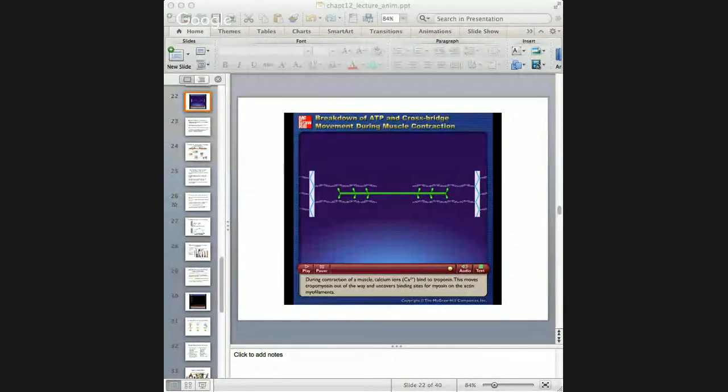When calcium is released as a result of the neurotransmitter traveling down the axon, it binds to the troponin, pulls it away from the actin, and creates the binding sites for myosin. So it allows myosin to bind. When myosin binds, it pulls the actin together. And that's what we're seeing here.